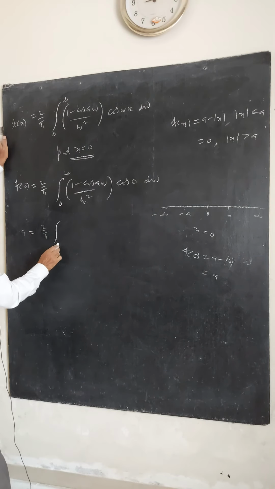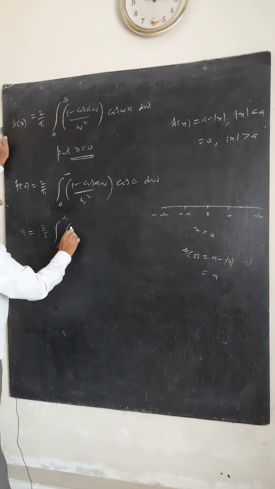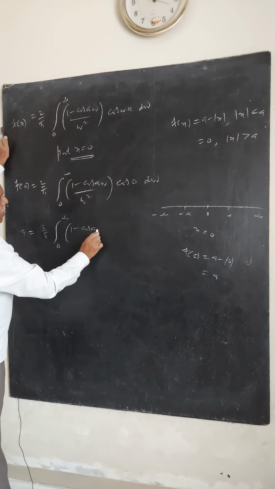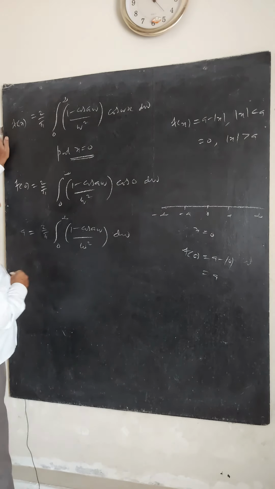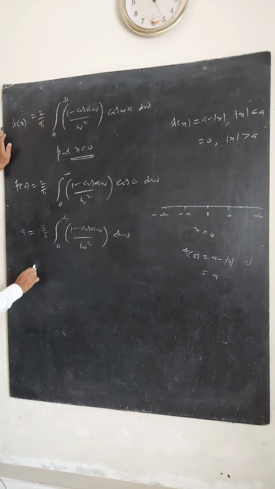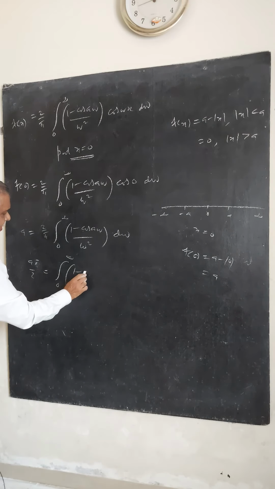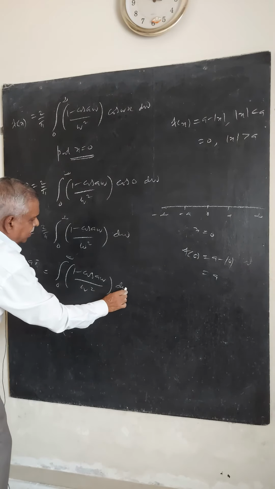a equals 2 by pi, 0 to infinity, (1 minus cos a omega) by omega square, cos 0 is 1, d omega. Cross multiplying, a pi by 2 equals 0 to infinity, (1 minus cos a omega) by omega square d omega.